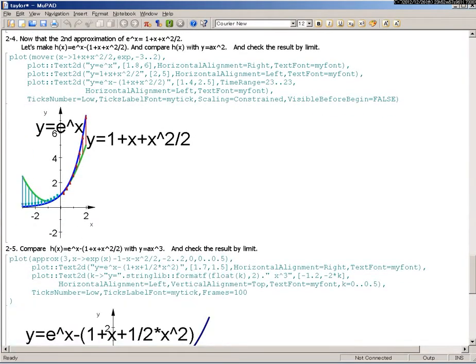So this time, we are going to find the third Taylor series. To find that, we have to subtract the second approximation. The second approximation is this one, 1 plus x plus x squared over 2. As we just did, this is the second approximation, and we have to subtract it from y equals f(x).